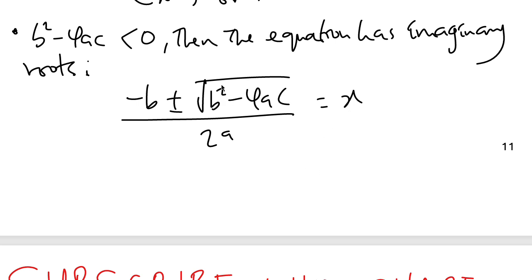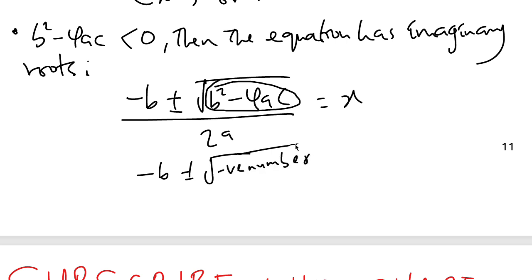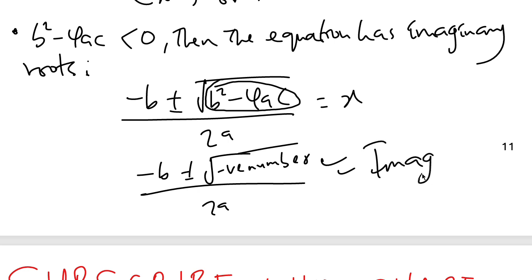So if b squared minus 4ac is less than 0, that means we will have to start finding the square root of a negative number. The square root of a negative number is complex. So that is an indication that the equation will have imaginary roots, or you could call them complex roots.